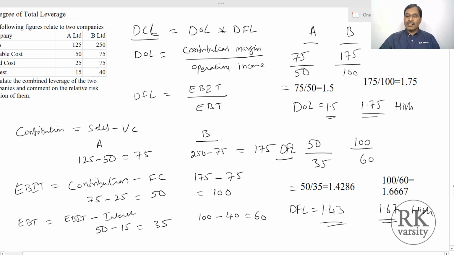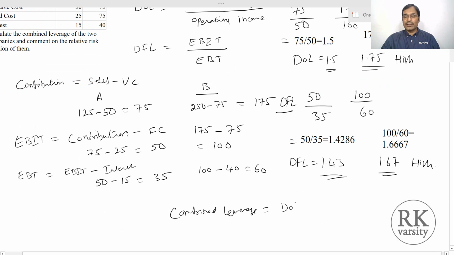Now the combined leverage equals degree of operating leverage times degree of financial leverage. For company A, this equals 1.5 times 1.43, whereas for company B, this is 1.75 times 1.67.